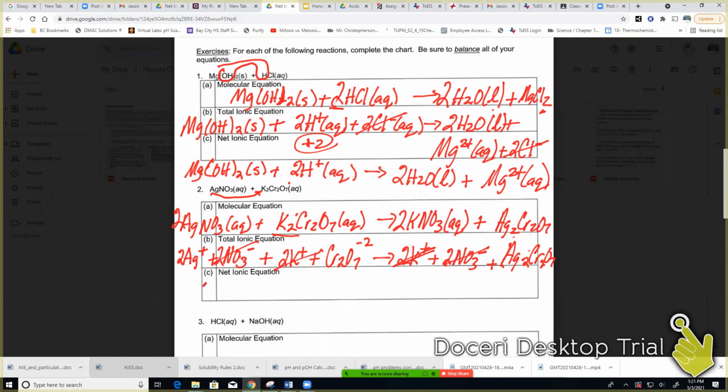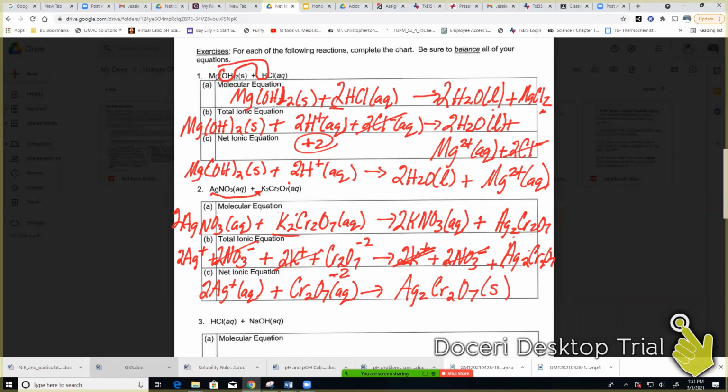So I come back and I put together what I have: 2 silver, AQ, plus dichromate, AQ, yields my silver dichromate, Ag2Cr2O7, solid.